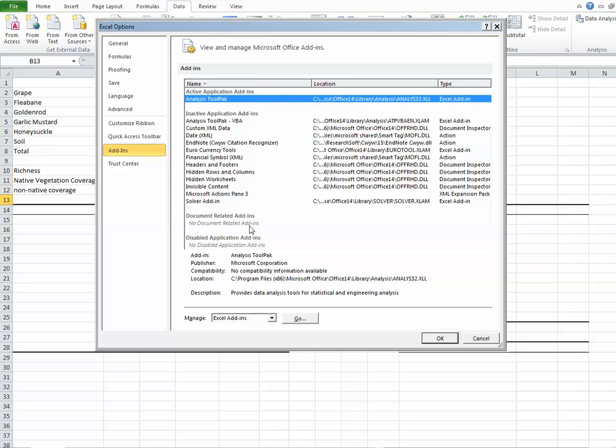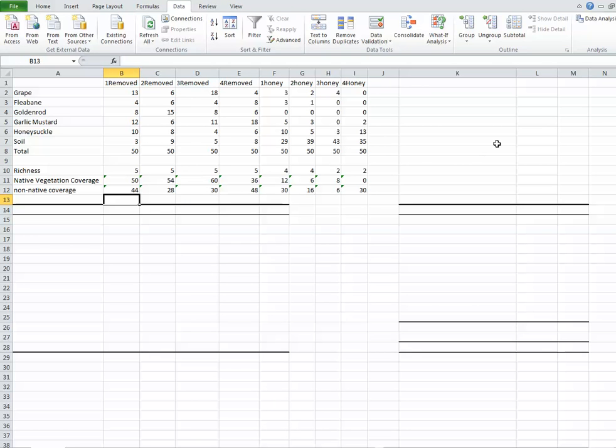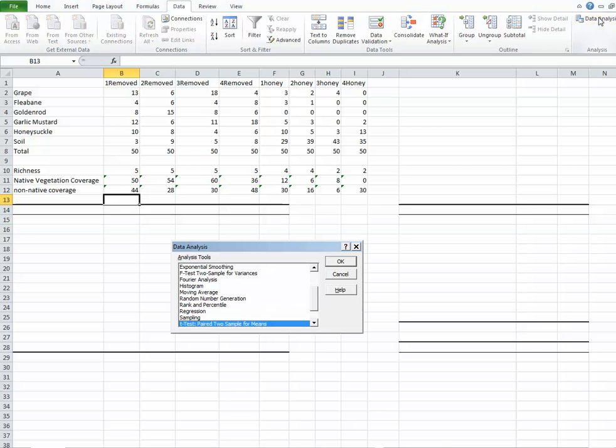You click on that, highlight it. You don't hit OK, you hit Go down here under Manage Excel Add-ins. Hit Go, and then make sure this is checked next to Analysis Tool Pack. Then you can hit OK. And then when you go to the Data tab, you should be able to see Data Analysis here. Click on Data Analysis, go to Descriptive Statistics, hit OK.